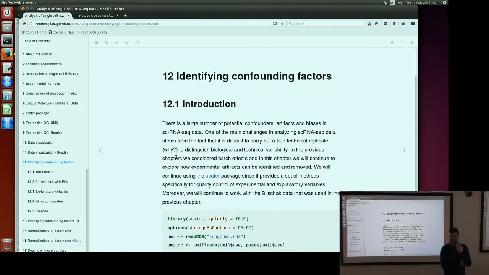So in the bulk setting, we can take an RNA library, a pool, and we can take different aliquots of that, process them, sequence them differently, and directly measure the technical variability between two libraries that started from the same RNA source.